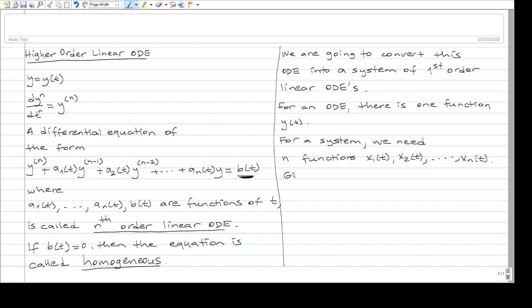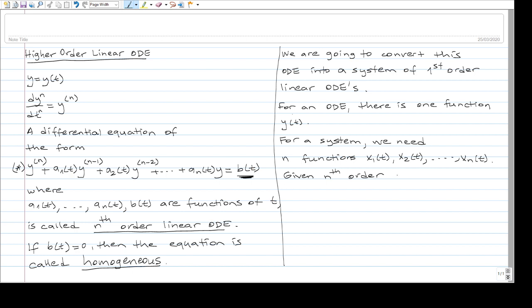So given an nth order linear ordinary differential equation, let me give this equation a name. Let me call it star.